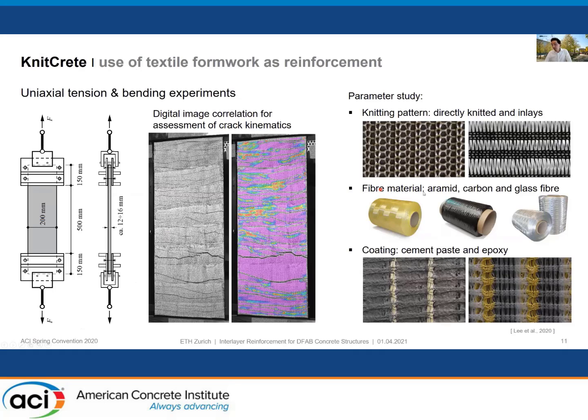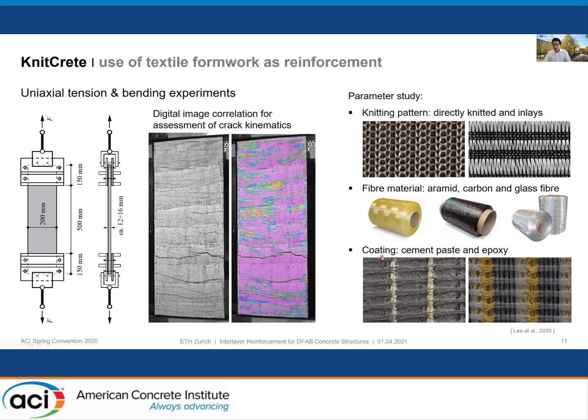We want to use structural yarns here, so aramid, carbon, or glass fibers. We are having a look. One possibility is to directly knit with these structural fibers, or the other is to have a conventional or non-structural fiber that is knitted, with guiding and straight inlays, which is much more convenient.